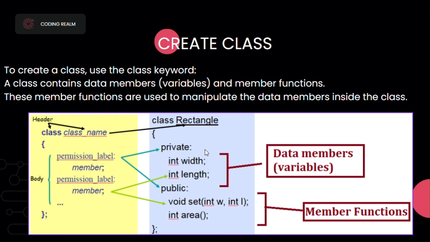And in public, I need to use the set function. I need to define W and L, width and length, and I need to calculate the area. The private part is the data member variables, and the block in the public part is the member functions.